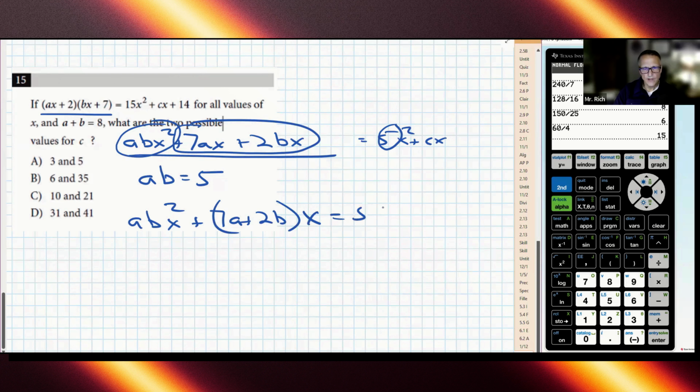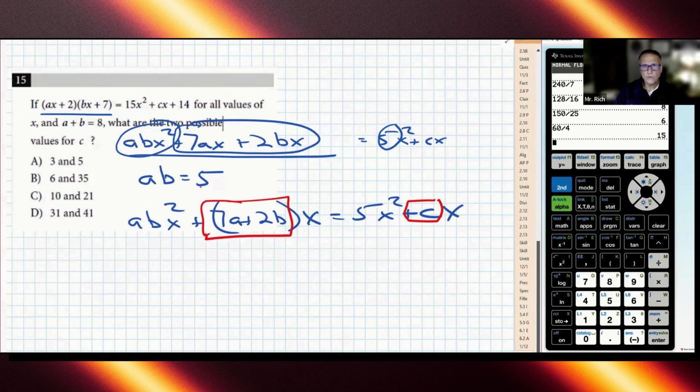And that's equal to 5x squared plus c times x. So using this idea of matching coefficients, that coefficient in front of the x has got to be equal to that coefficient, right?